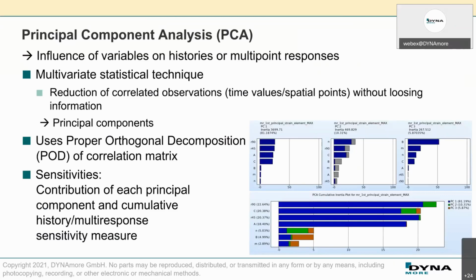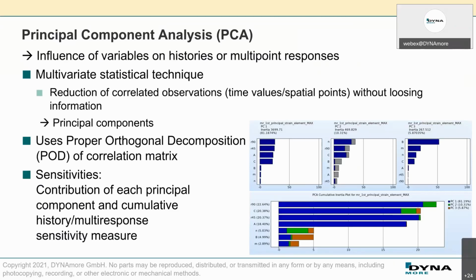So in this case, you, for example, do not just evaluate the sensitivity on, let's say, the maximal force or the displacement at the last time, but on the whole history over time. And you also consider that there is a correlation between values that are close in time.